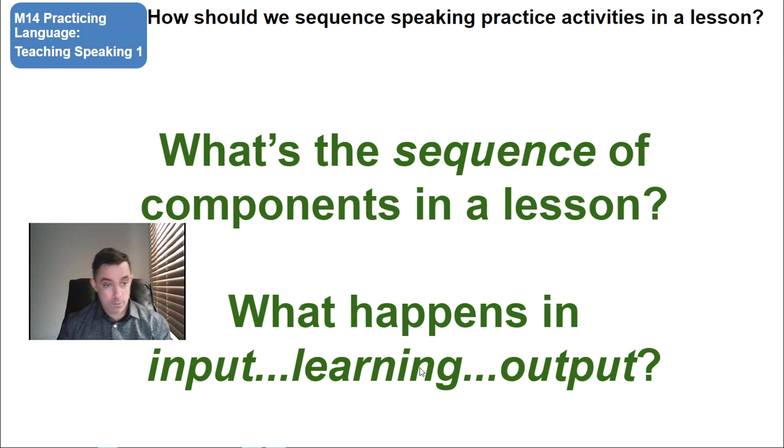To sort of determine meaning for themselves. And you have output activities, which we're talking about today, where we're asking them to speak, we're asking them to use language. Sometimes we ask them to write. We'll cover 2 classes of teaching writing a bit later in this unit.